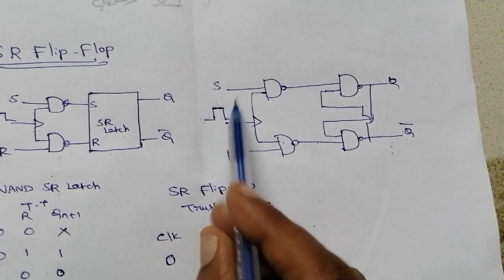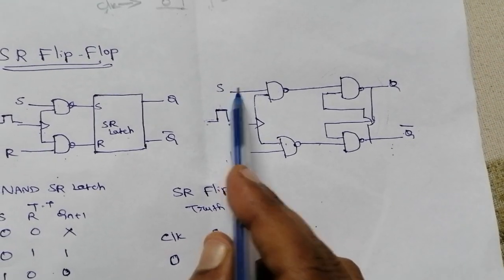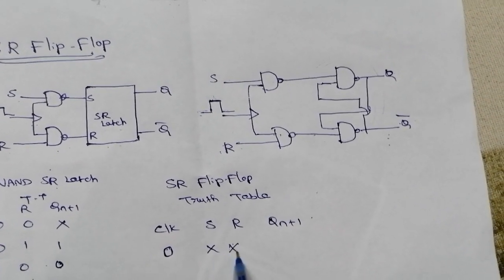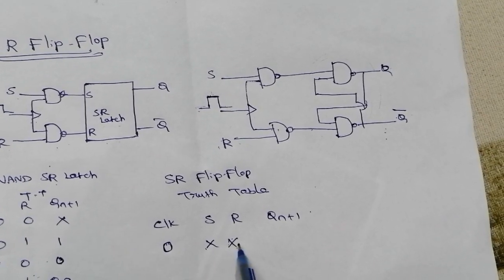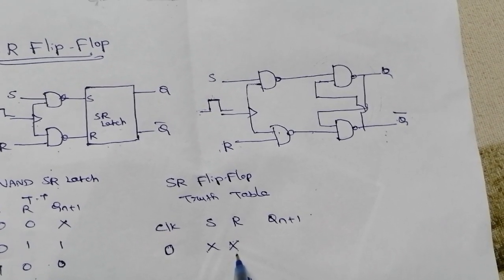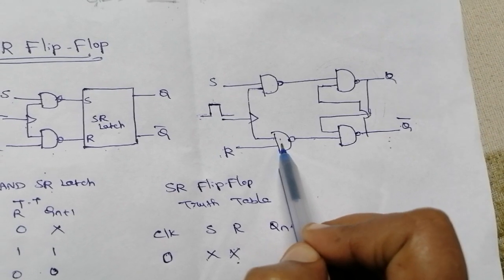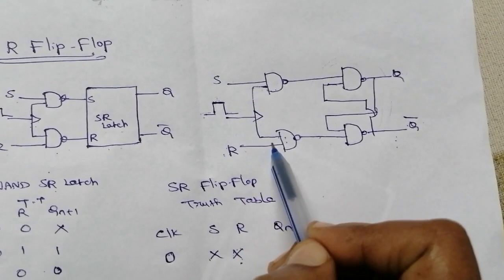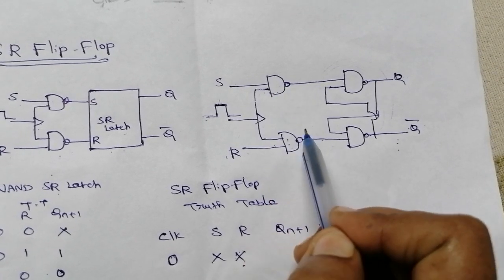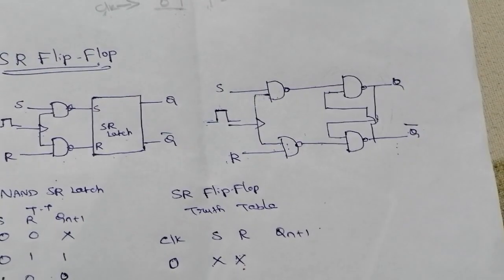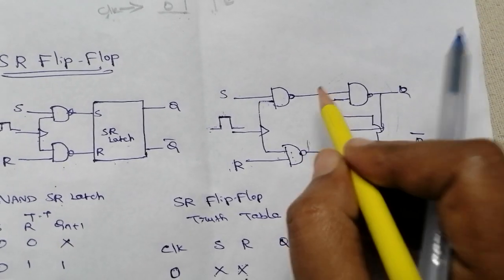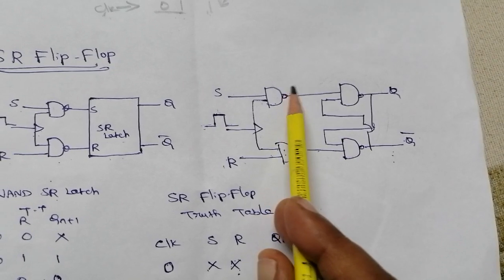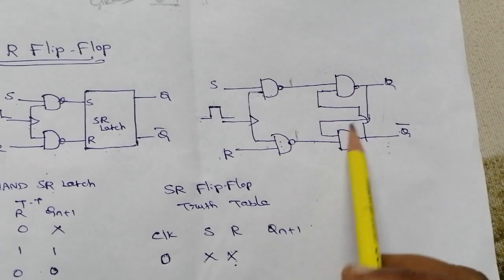Then what happens if the SR input is 0 1 or 1 0? It is not a problem, which means it is don't care, XX, because here we are using NAND gates. One of the inputs is the clock. If the clock signal is 0, obviously the NAND gate output is 1, right? So the NAND gate outputs are 1 1, and this 1 1 is the input of the SR NAND latch.